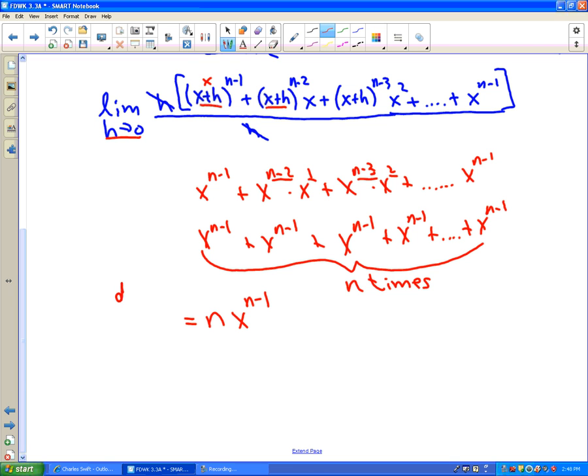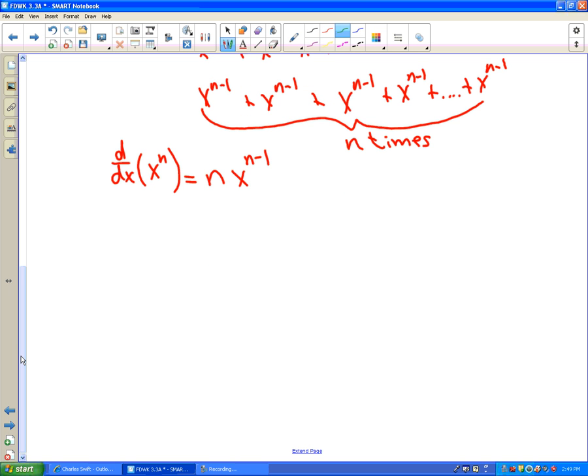So the derivative of x to the nth power is going to be n times x to the n minus 1. That means, if we want to find the derivative of x to the third, well, in this case, n is 3, so it's going to be 3 times x to the 3 minus 1.